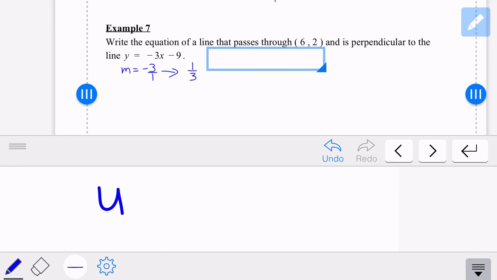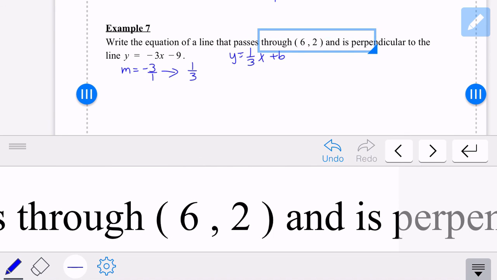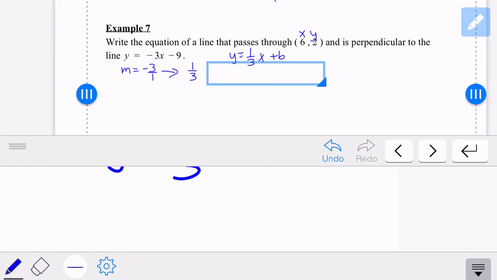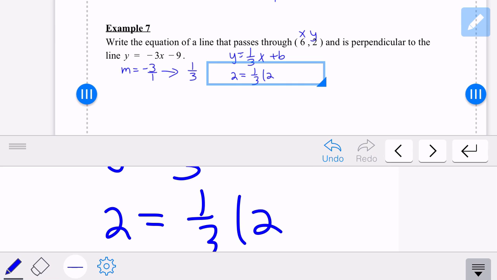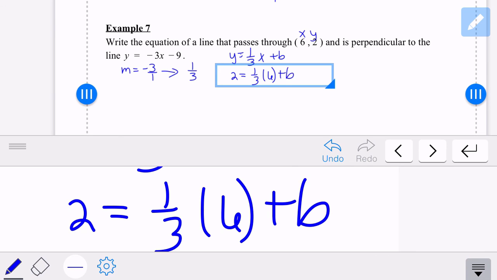So then we've got y equals 1 over 3x plus b, and we're going to use 6, 2 as our x and a y. So 2 equals 1/3 times, I'm sorry, needs to be a 6 inside there. 6 for x plus b.